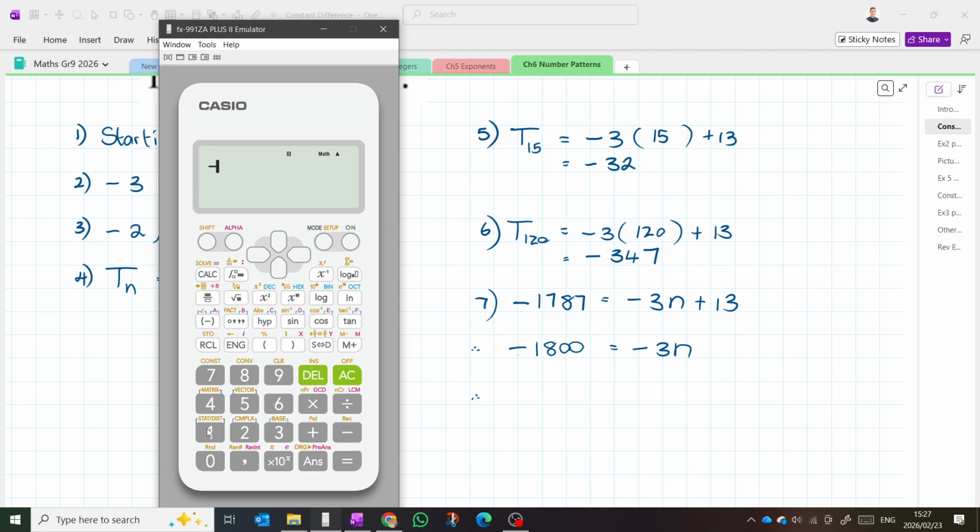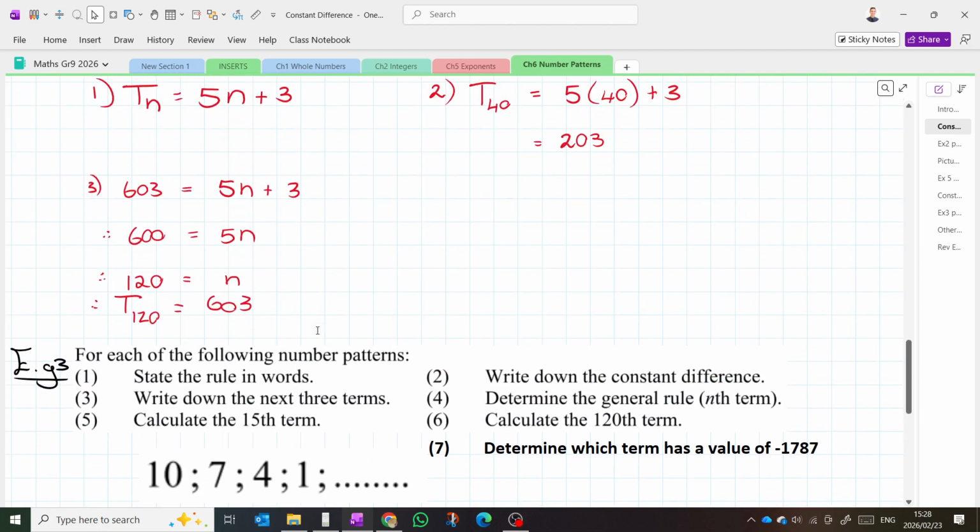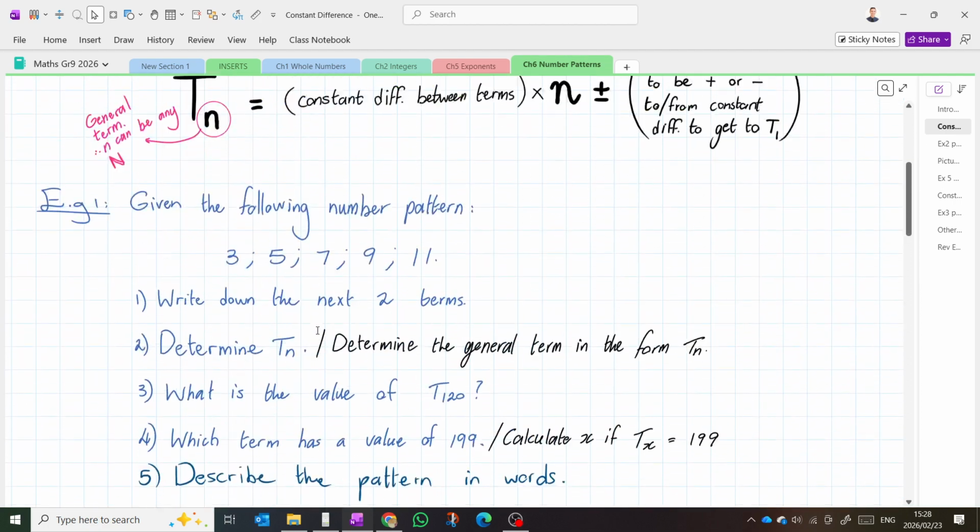So negative 1800 divided by negative 3 is going to give us 600. Meaning that the 600th term in this sequence or this pattern would have a value of negative 1787. Okay. And that covers everything that you need to know how to do with constant difference number patterns.